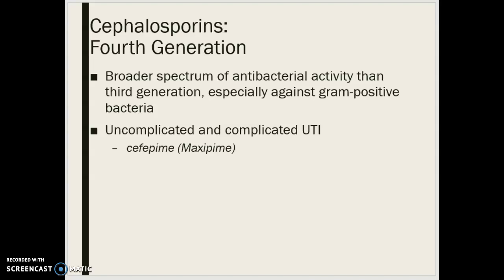And this is actually generally reserved. We will sometimes see it given for uncomplicated and complicated UTIs in our Maxipime, but clinically speaking, it's generally reserved for pretty severe infections involving gram-negative bacilli, particularly if we're treating a strain of Pseudomonas that's not responding to that third generation.